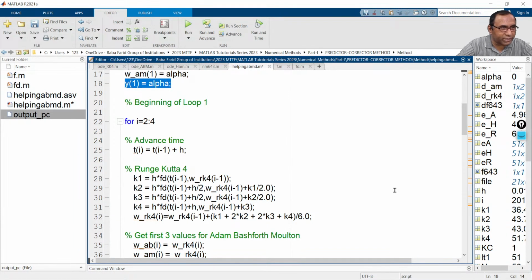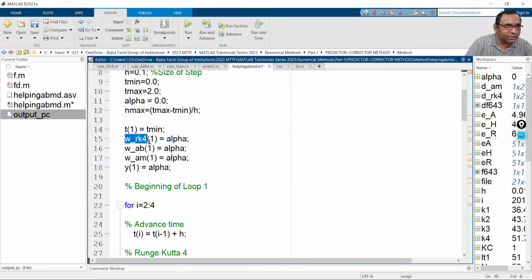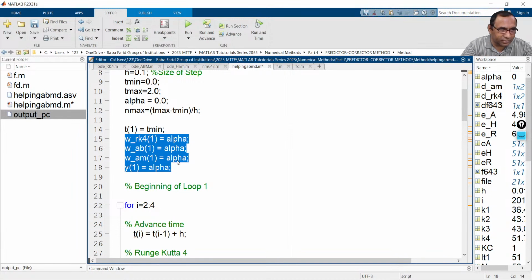Okay, so here you can see this is I equal to 2 to 4, and for I equal to 1 we have the initial value for each, which we have already taken above. So one value for each we have at this place. In these three equations we have when t equal to 0.